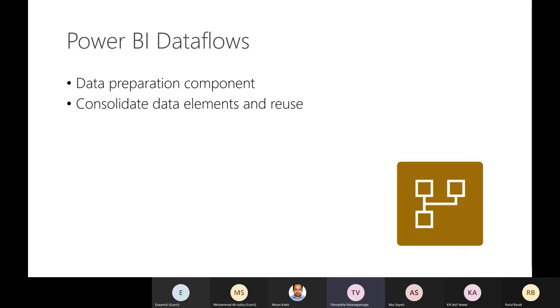So that is the actual purpose of Power BI data flows, but we can use it for analytical purposes as well, to build an analytics platform, to build a data warehouse as well. So there is actually a guide for best practices when it comes to building, and I will be talking about that further.